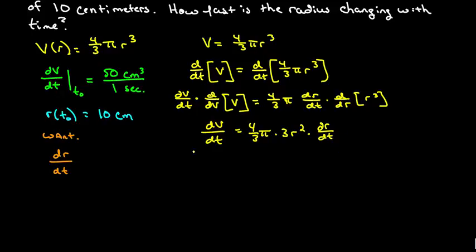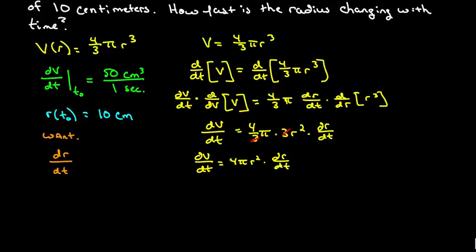Again, we're just playing around with this. Okay, what we want to find, we want dr/dt, we want this guy. So let's do a little bit of simplifying here. This 3 and this 3 cancel. So what I've got is dV/dt is equal to 4 pi r squared times dr/dt.